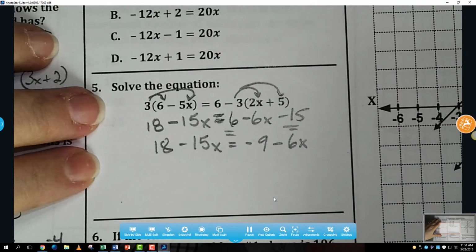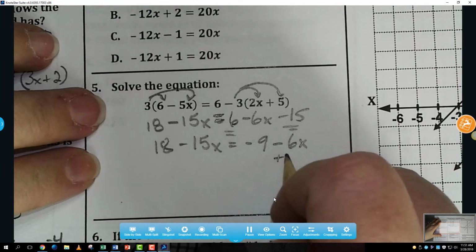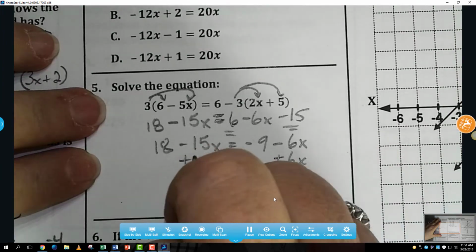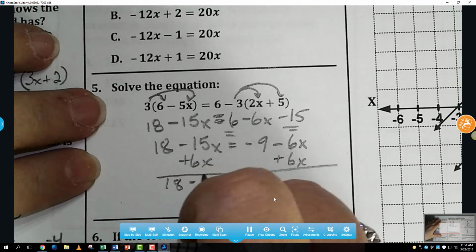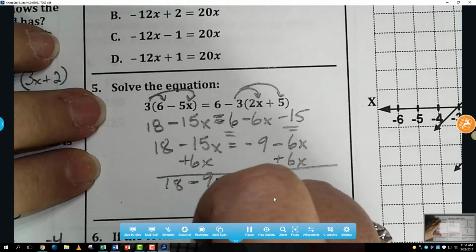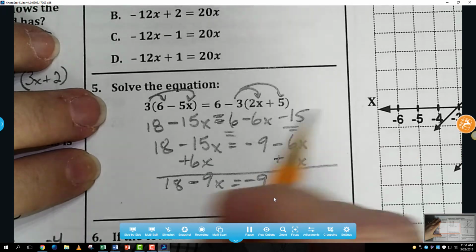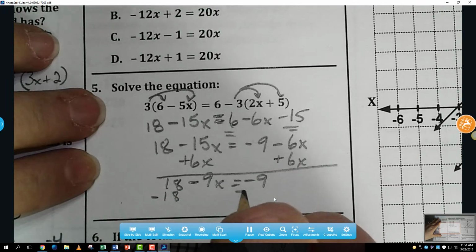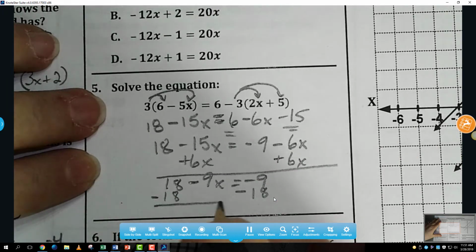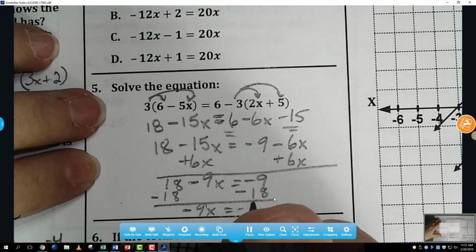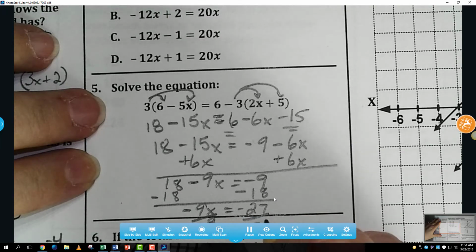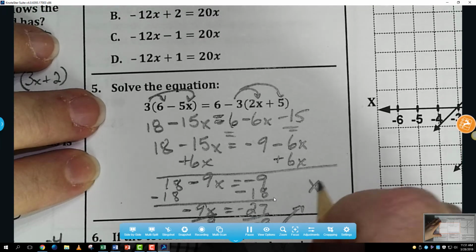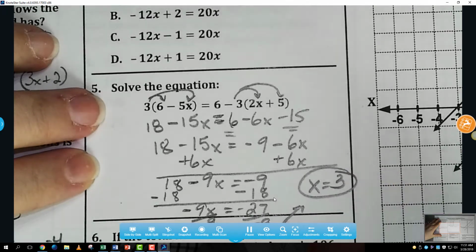Now I'm going to get all of my variables to one side. Now I'm going to isolate my variable. I'm going to get negative 9x equals negative 27. Then I'm going to divide both sides by negative 9, and I will get x equals positive 3.